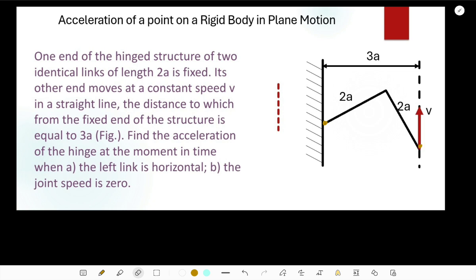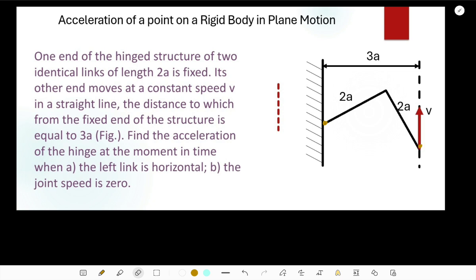We need to find the loose ends of the problem and analyze them properly, as by the book. And I can say here, since the left end of the structure link is fixed, the hinge will move along a circle of radius 2a at any moment of time, and its velocity vector will be perpendicular to the left link.